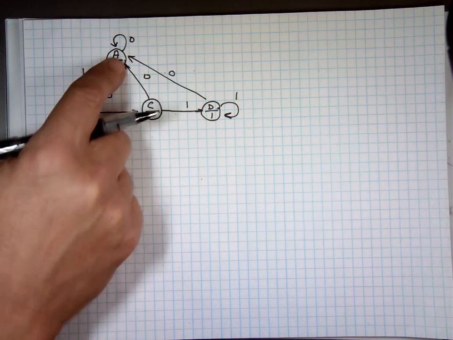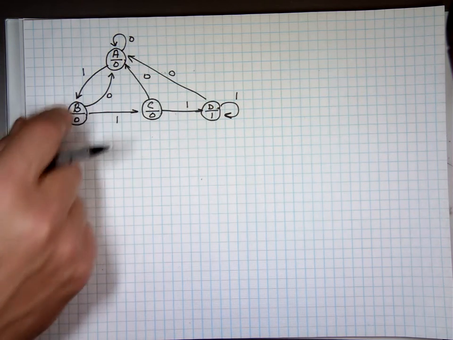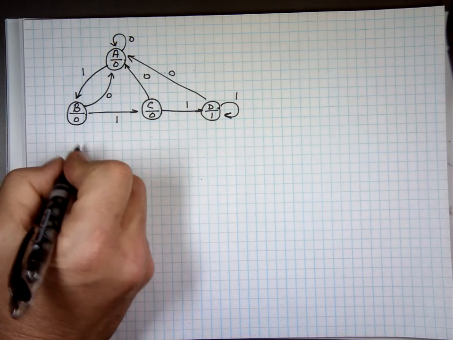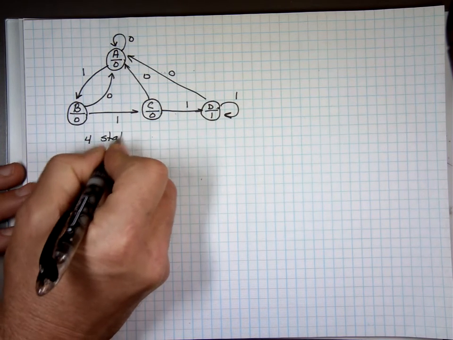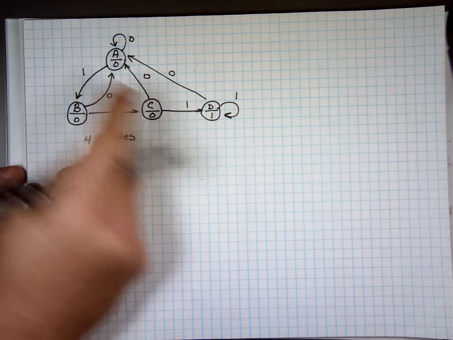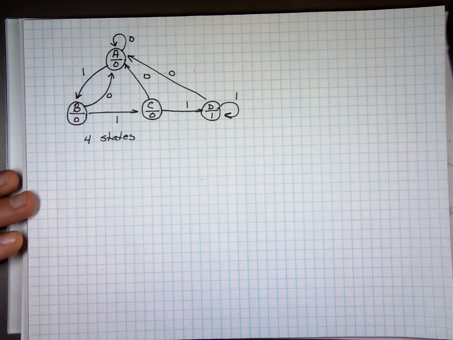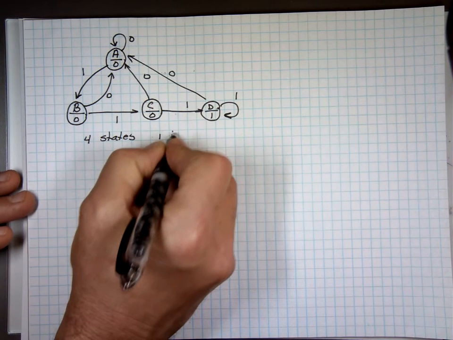So notice, how many states do I have? 4. My truth table should have what? I have 4 states, and I have 1 input. The input is 0 or 1. So how many combinations am I going to have?